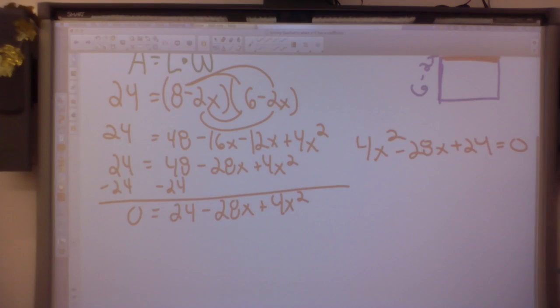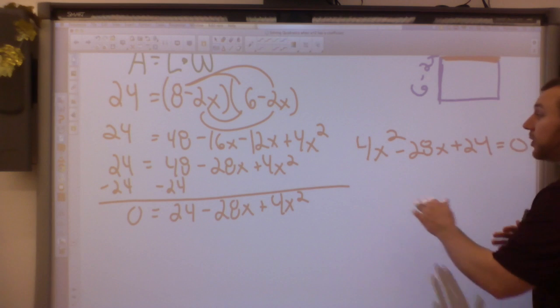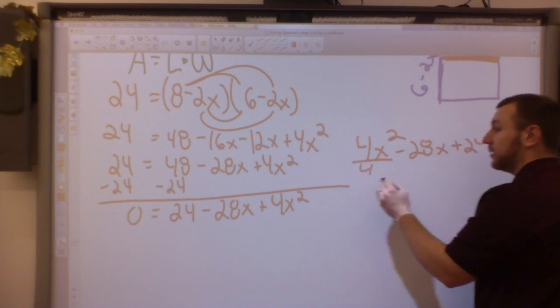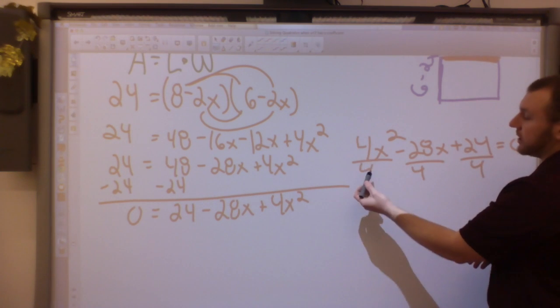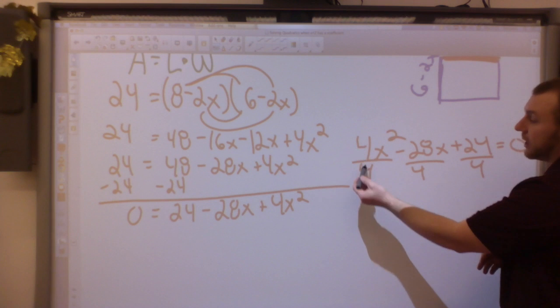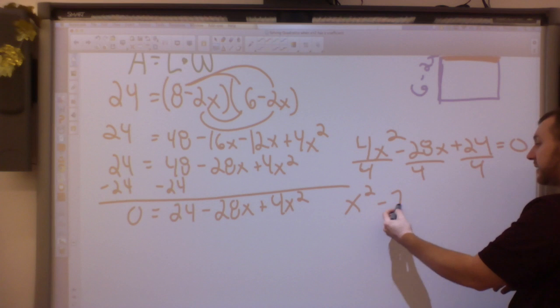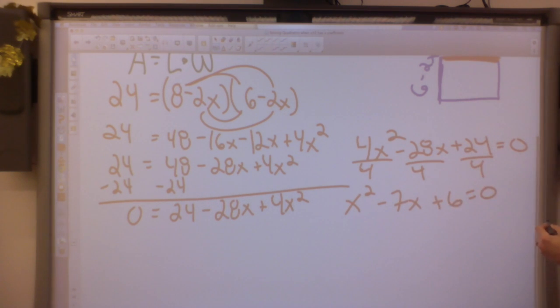All of them are divisible by 4. I'm going to make it easier for myself. If you notice that numbers are all divisible, I can divide everything by that 4. So this 4 becomes 1. So now I have x squared minus 7x plus 6 equals 0.